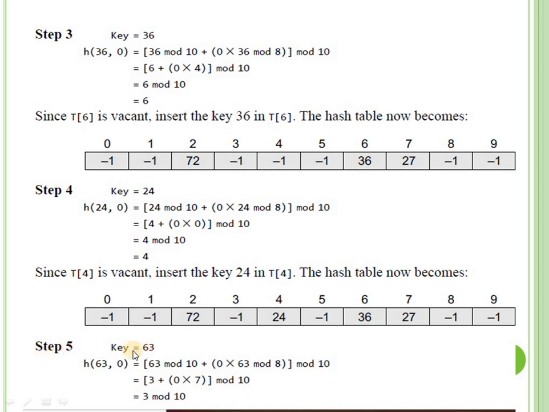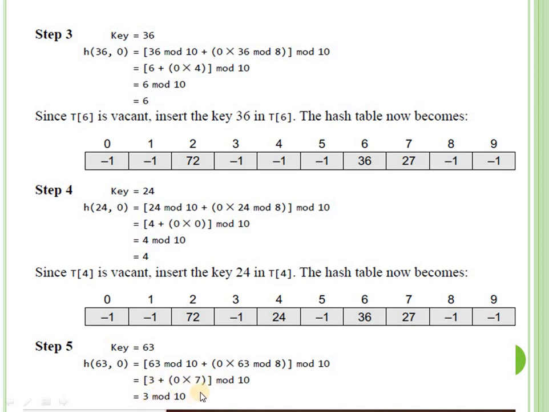Now step 5. Key is 63. Here we have to calculate H of 63, 0, which is equal to 63 mod 10 plus 0 into 63 mod 8, whole mod 10. So 63 mod 10 is 3, plus 0 into 63 mod 8. 63 mod 8 value is 7, and 7 into 0 is 0.